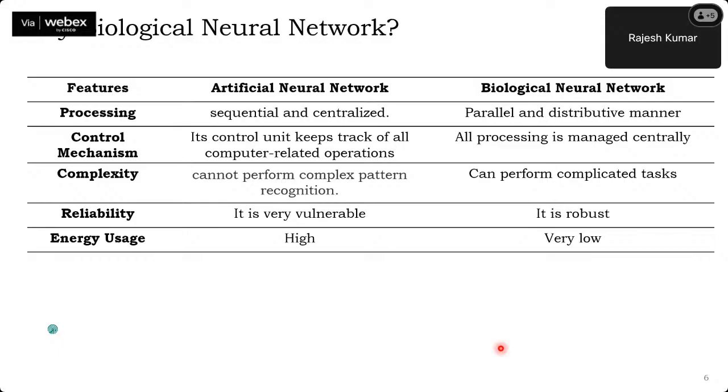Okay, so you can compare both the biological and the artificial here. One is parallel and robust, biological, and the important part which initially excited many researchers is that it consumes very less power. So how to do it?